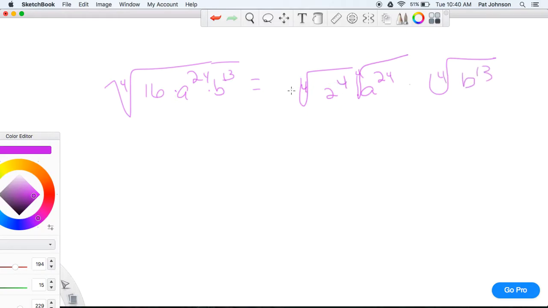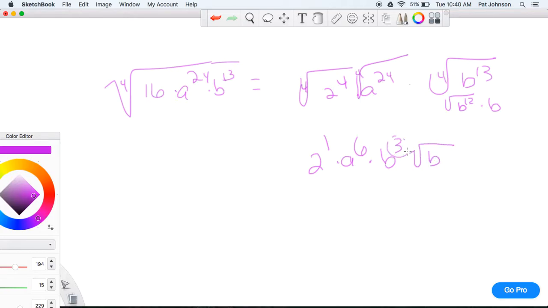So we said 4 divided by 4 is 1, so 2 to the 1st. 24 divided by 4 is a to the 6th. Here we can change this to say b to the 12th times b, because this is a multiple of 4, so that becomes b cubed times the 4th root of b.